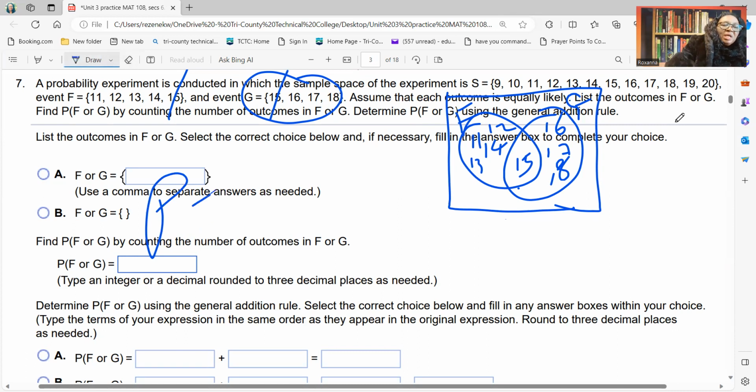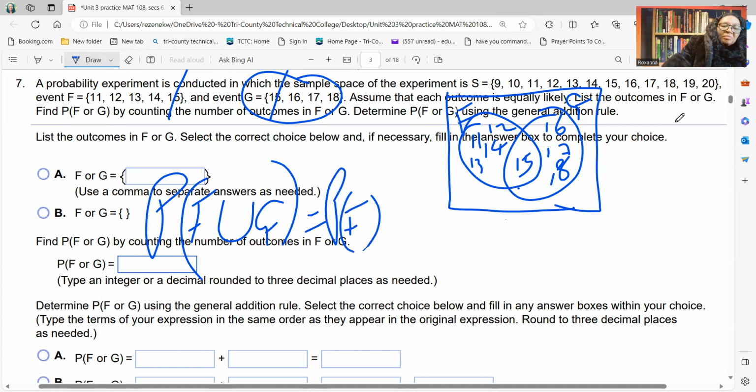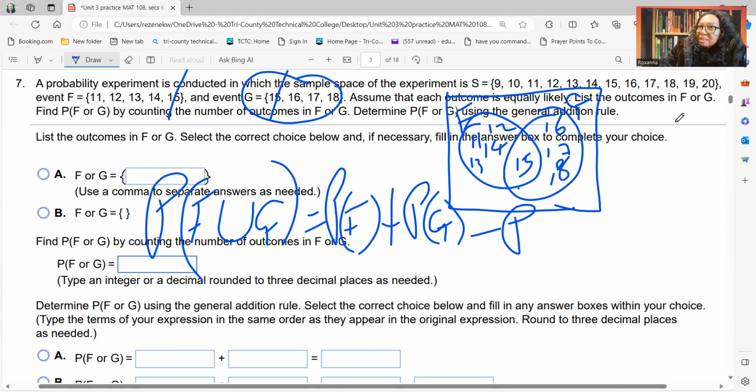So P(F union G) is equal to the probability of F plus the probability of G minus the AND, the intersection, the probability of F intersection G.